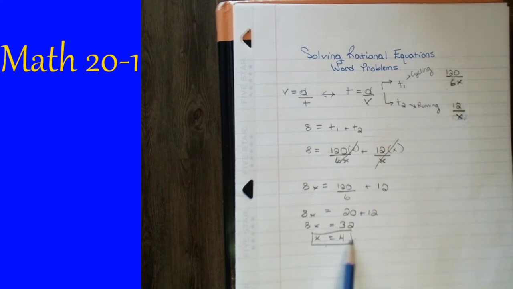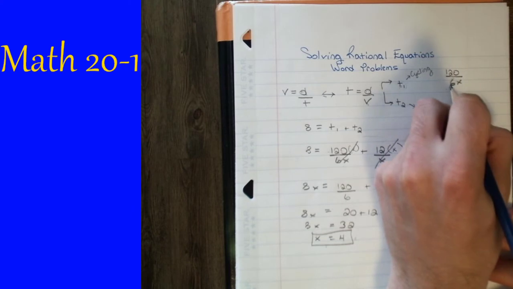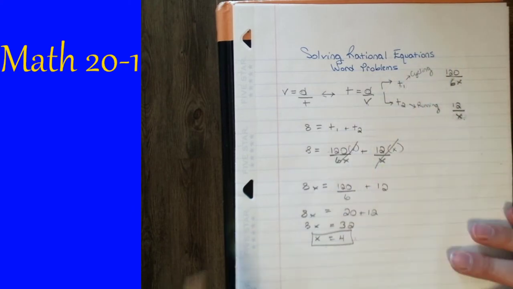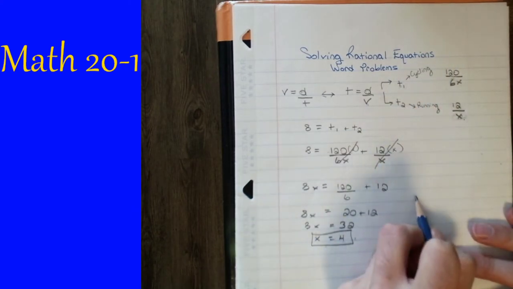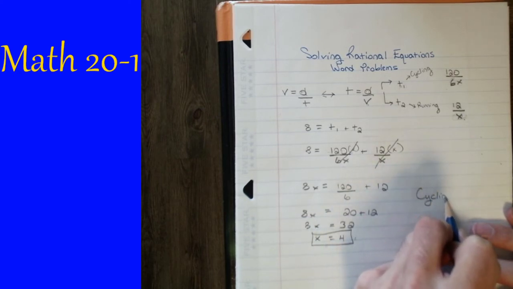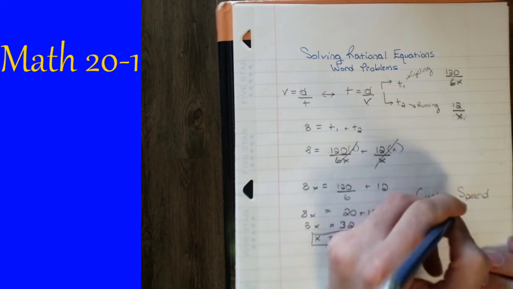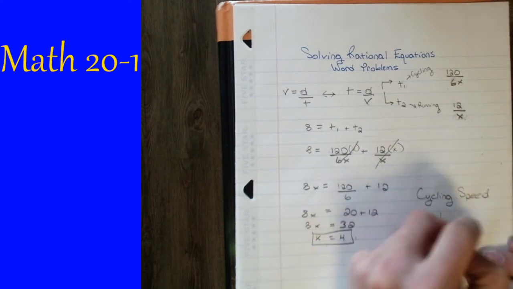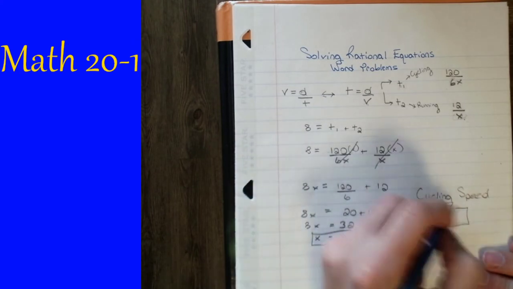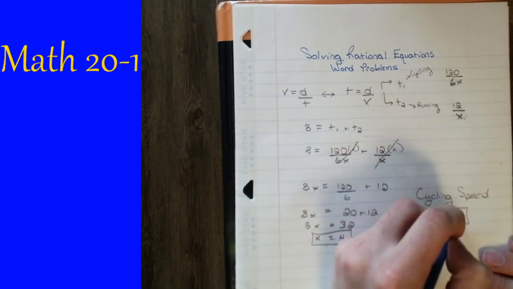So this is not our answer. It's related to our answer, which is that Richard cycles 6 times faster than that. So Richard's cycling speed is 6 times 4, which is 24 kilometers per hour.